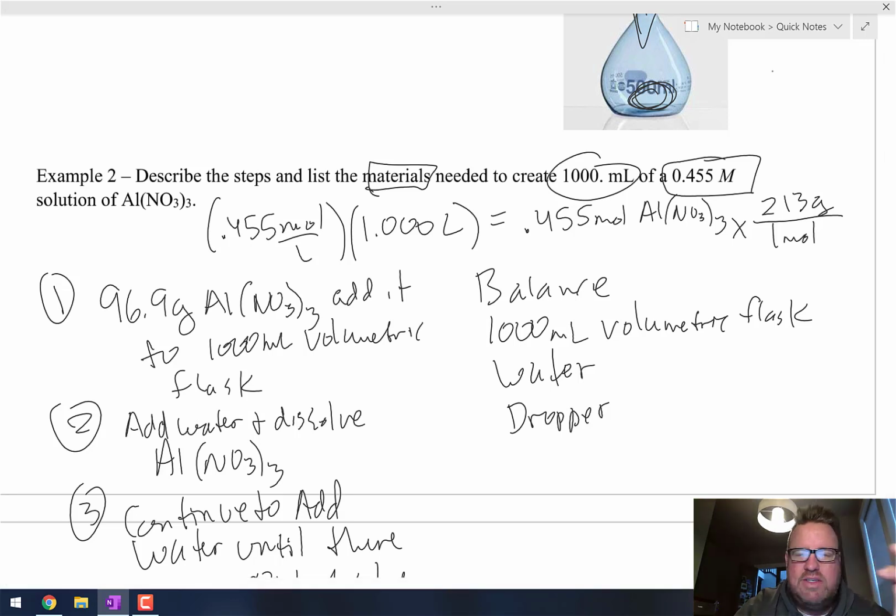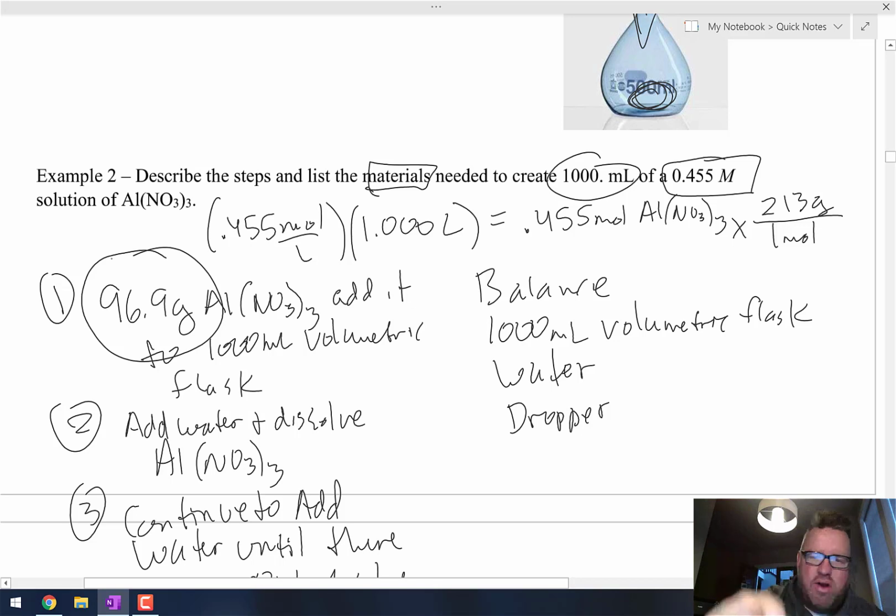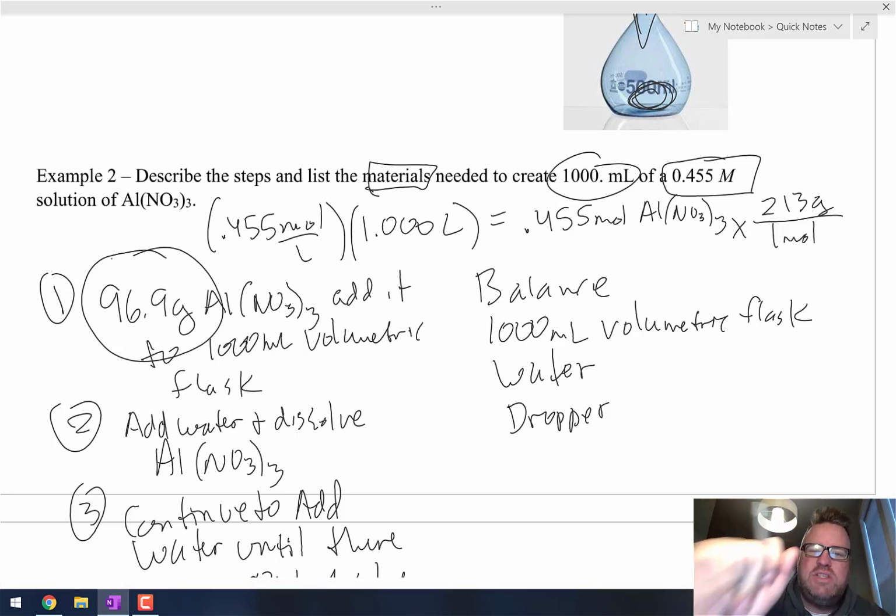Okay, and guys, this is exactly how we do this when we actually make solutions. When we need to make some aluminum nitrate, we have some powdered aluminum nitrate, so I have to figure out how much of it do I need, and then I get a volumetric flask, I put the amount in there, I add some water, I dissolve it, I add the rest of the water.